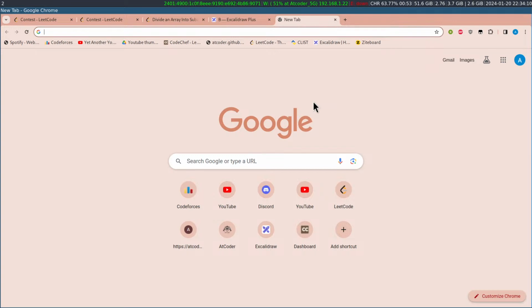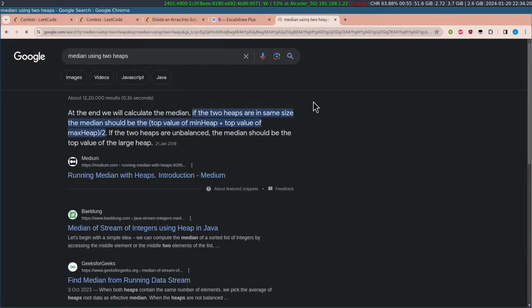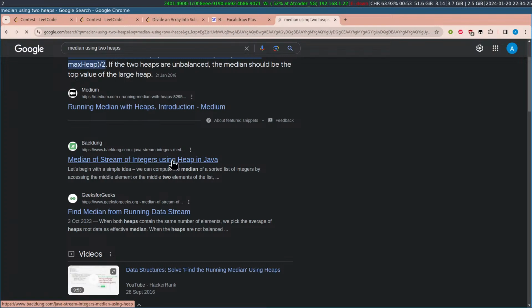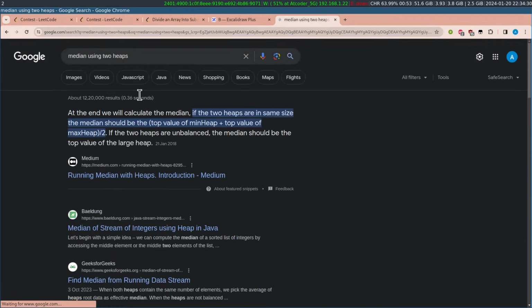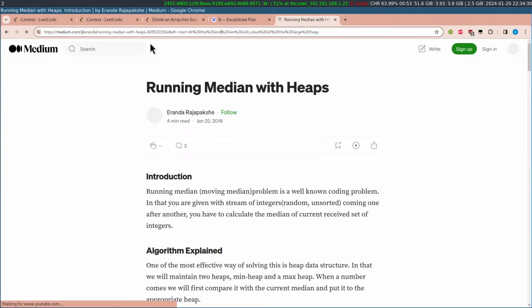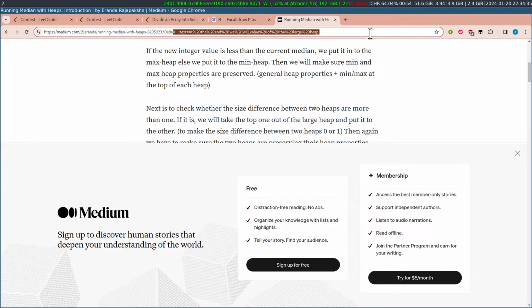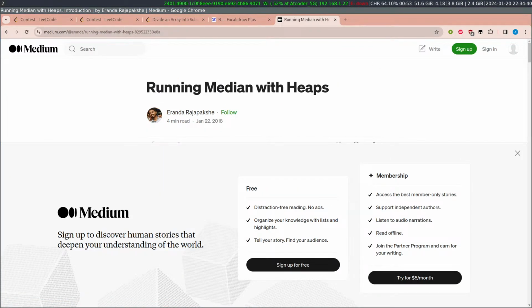The idea which I have used is that I modified my algorithm for one of the problems, running median using two heaps. This is one problem you should try out if you want to solve problems like D in future.